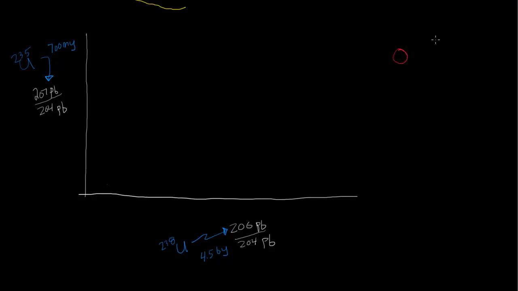So this is meteorite number 1, and it has a very low uranium to lead ratio. And then meteorite 2 is a green one here, and this has an intermediate ratio of uranium to lead.